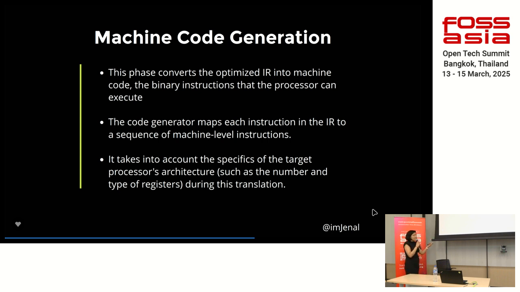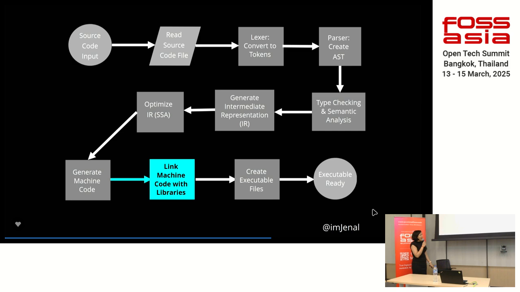So it produces binary instructions that the processor can execute, and it maps the instruction set to the machine code instruction set, taking into account the specifics of your target machine's architecture. Previously that wasn't the case in intermediate representation, but it is the case here. So this ensures that your code runs specifically on your target machine architecture, considering things like the types and numbers of registers, etc.